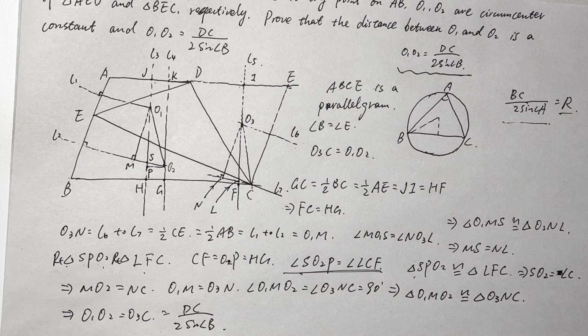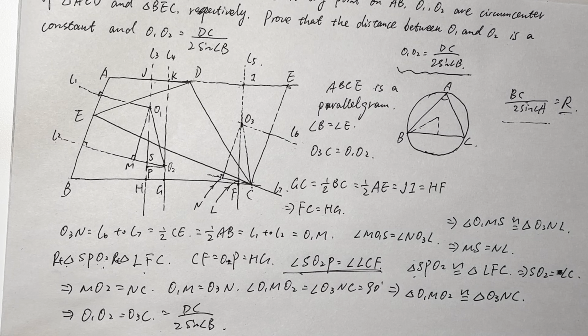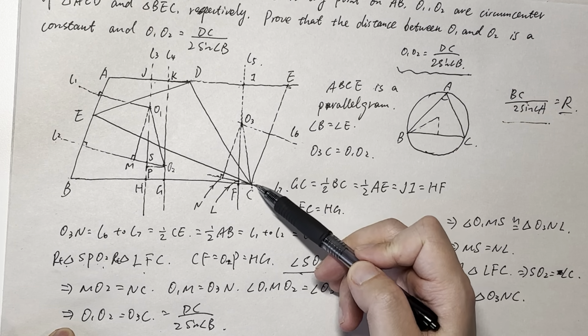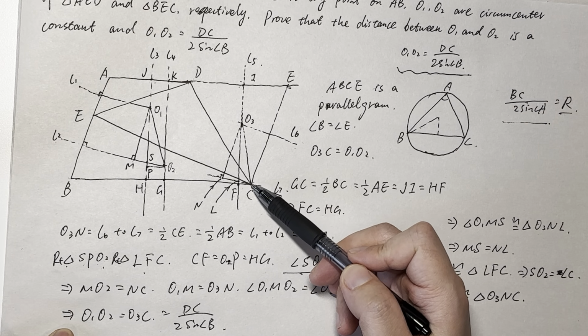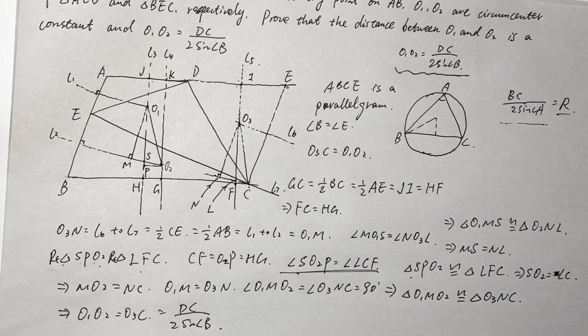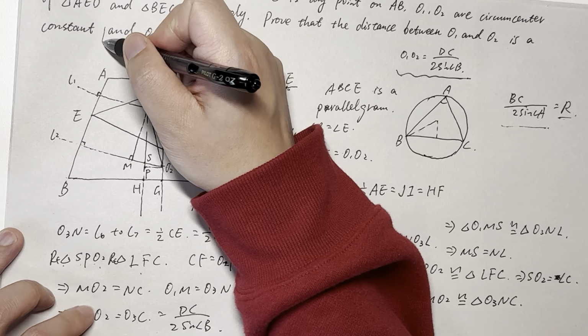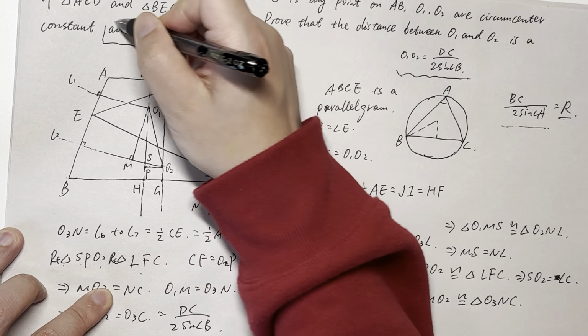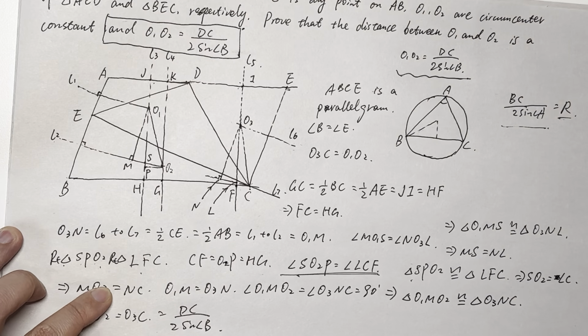Okay, so once we have this auxiliary triangle down, everything becomes clear, right? Again, this is an extremely difficult problem if the problem set doesn't ask you to prove this part.